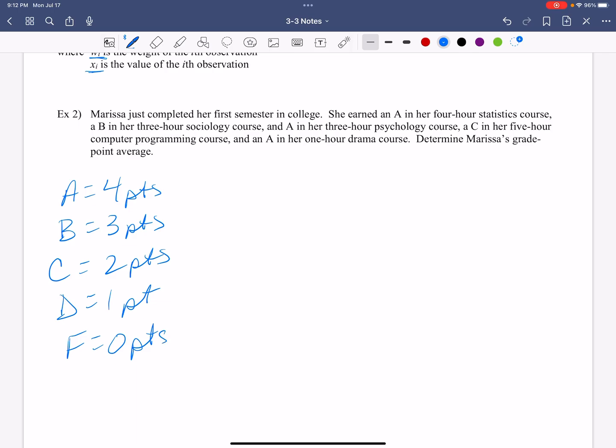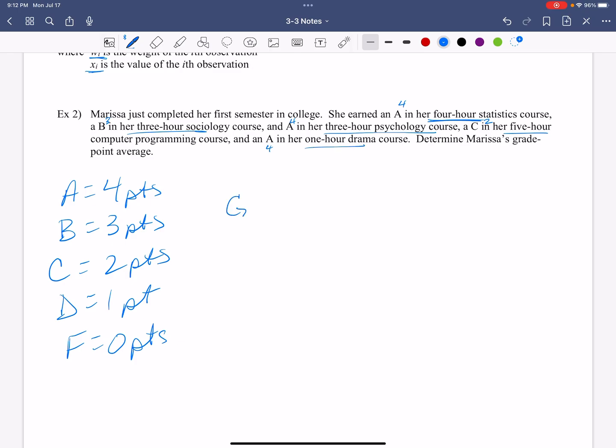So if I'm looking at this, she earned an A, which is 4 points in her 4-hour stats. A B, which is 3 points in her 3-hour soc course. An A, which is 4 points in her 3-hour psych course. A C, which is 2 points in her 5-hour computer programming course. And an A, which is 4 points in 1 hour of drama.